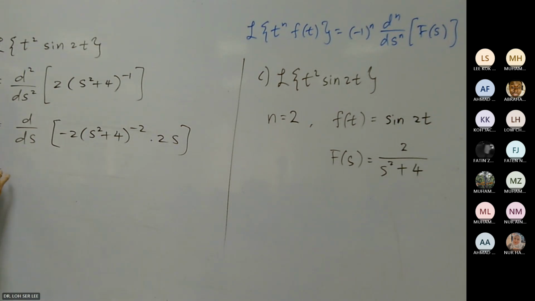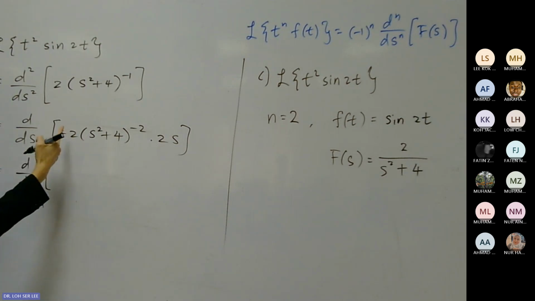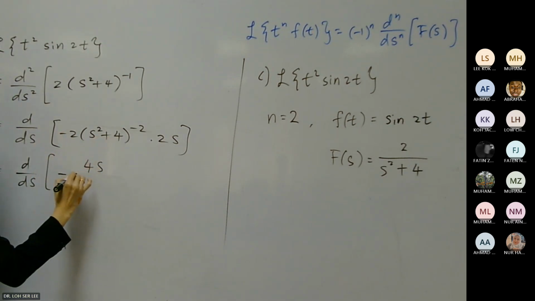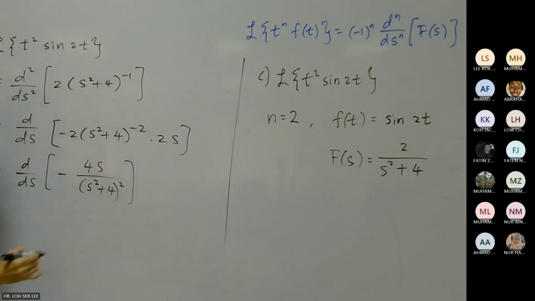Now we simplify this one first: -4s over (s squared plus 4) squared. Simplify before we further differentiate.